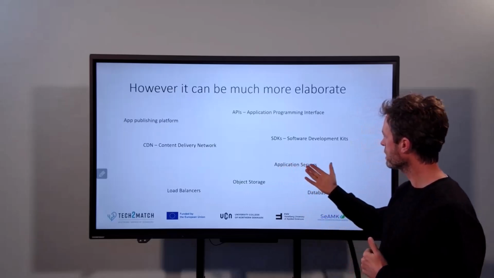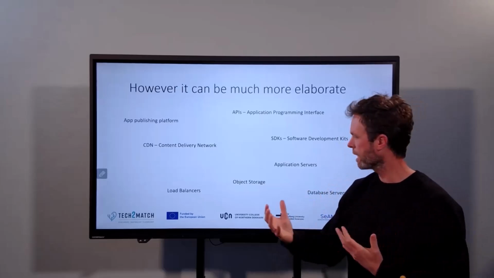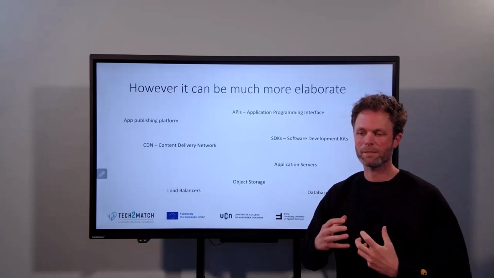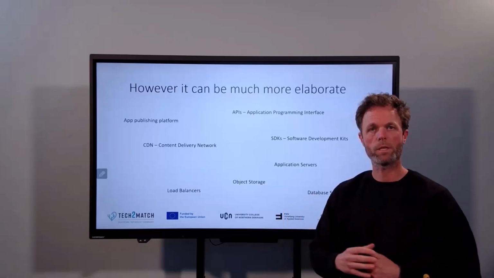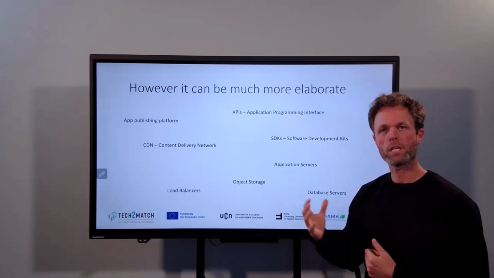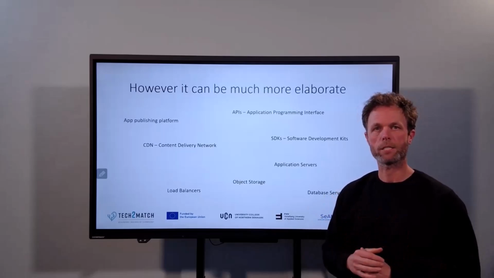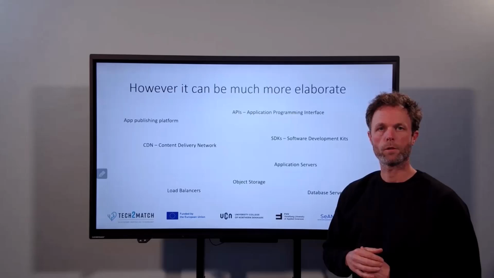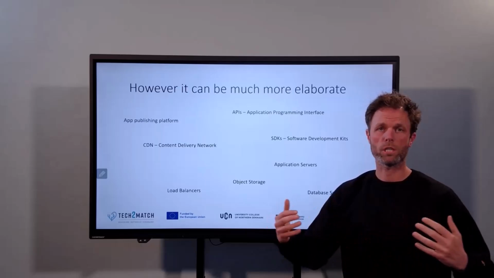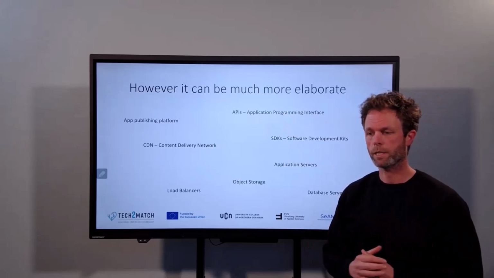Then we have the application servers, which is a server that hosts the actual application. And then we have a supportive database server, which hosts the database which is affiliated with the application and also is part of data storage. So there's a lot of moving parts here, which all need to work together to make this application work. This is referred to as a front end and a back end, which meet across an API, an application programming interface. Let's take a look at that.